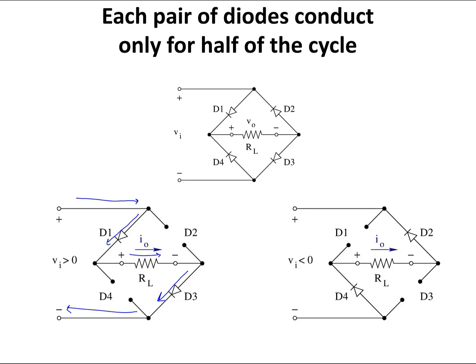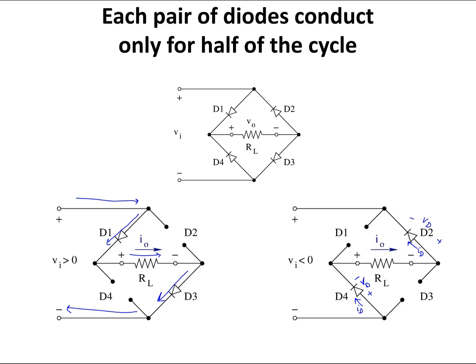We can write a KVL in this circuit to show that Vout has a positive value for negative Vi values at the input. So I'm going to label this one positive, negative VD, and this is positive and negative VD. For Vi values less than negative 2 times VD0, these diodes are on, and VD is going to be equal to VD0 for both of them, and ID is a positive value in this direction.